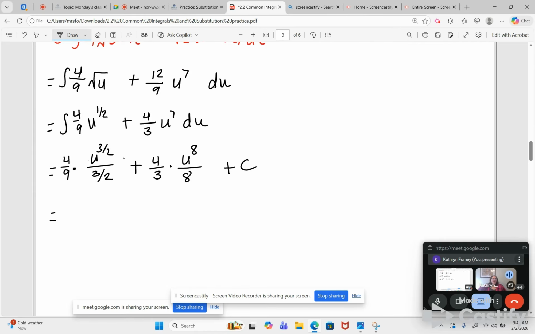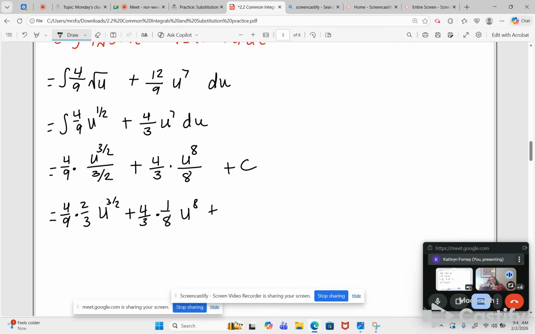Now, before I even put my u back in, I want to do my algebra here. So, dividing by 3/2 is the same as multiplying by 2 thirds. And then the 4 thirds, and then this 8 is the same as having 4 thirds times 1/8.